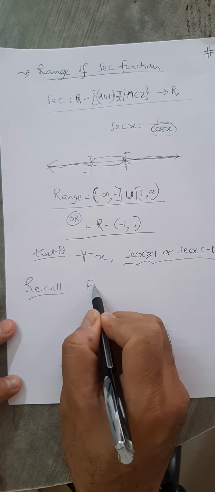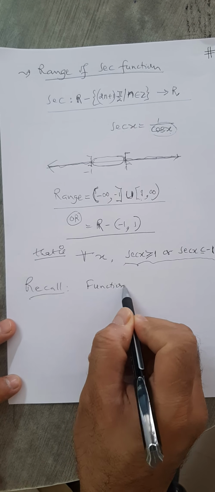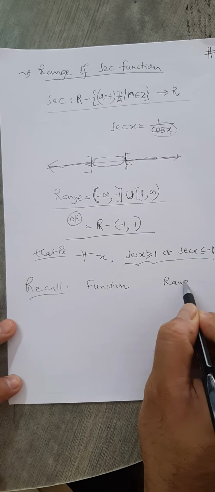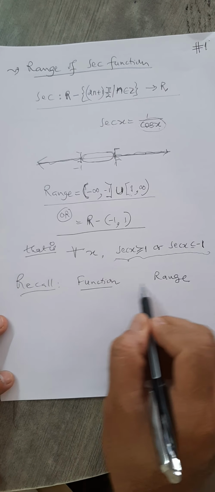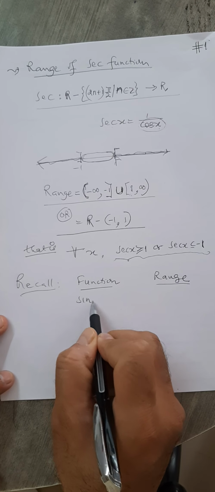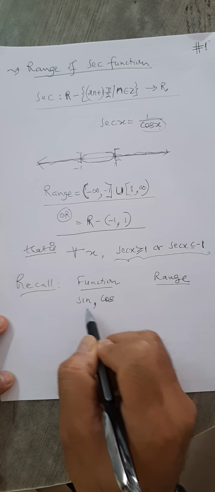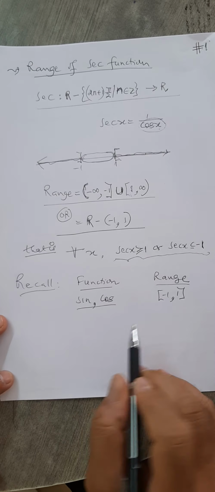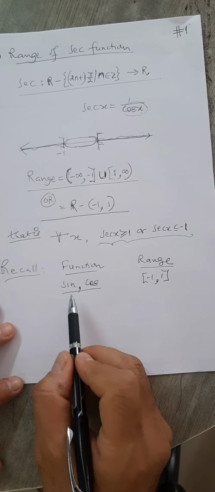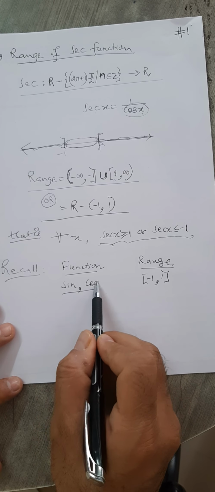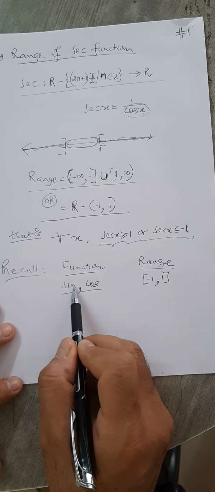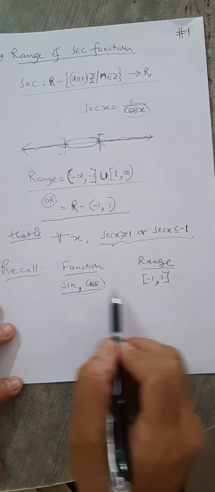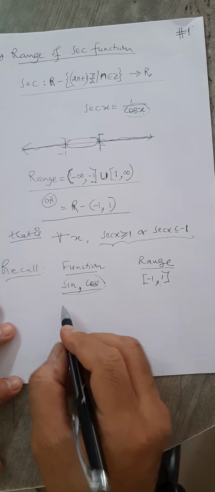Okay, so now just a recap about the range of the functions. Here I write the function and here the range. For both sine and cosine, the range is the closed interval -1 to 1. It means, again I'm emphasizing, for every angle x, for every arc length x, the values of sine and cos always fall in this interval.